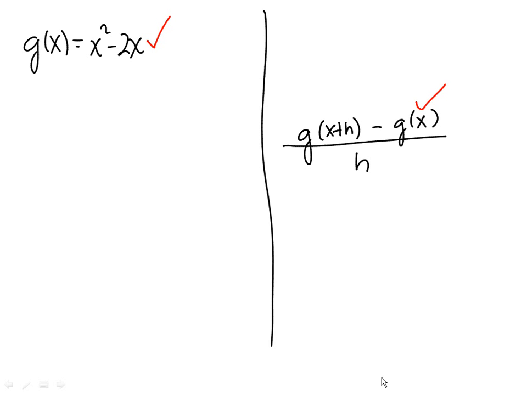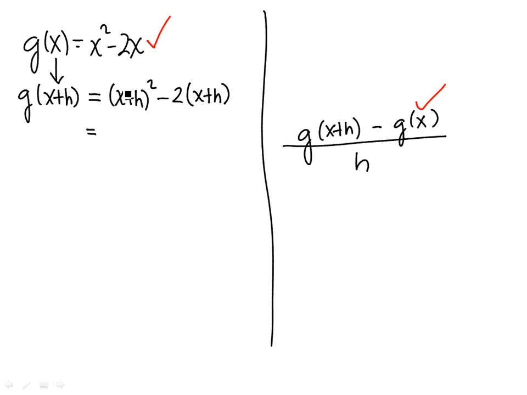So let's do it. g of x plus h. All it's saying is replace all your x's with x plus h in its entirety. So I'm not going to write x squared. I'm going to replace it with x plus h in its entirety, minus 2 times what? x plus h again, since we have another x.